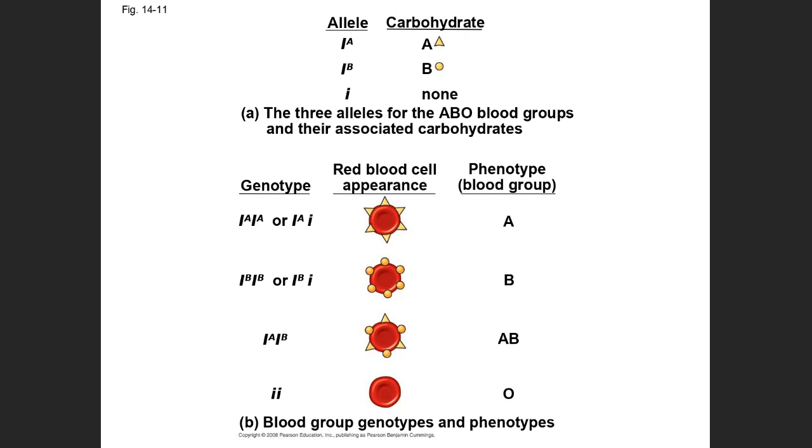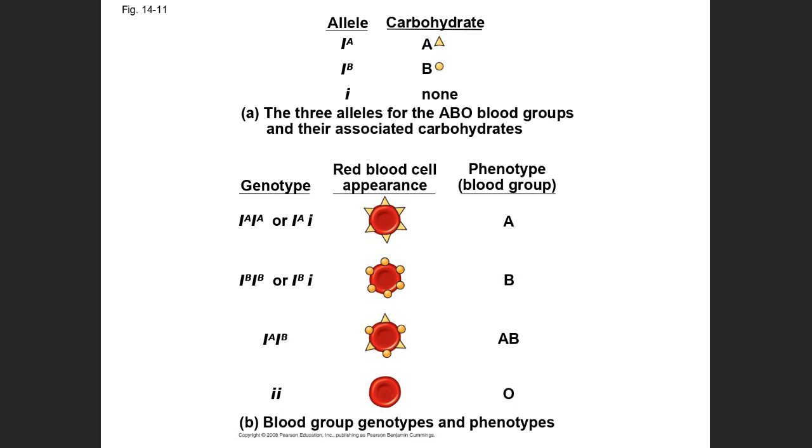So when they type blood for transfusion, they have to type for the A and B antigens, as well as the Rh antigen, which I'll talk about in a minute. Those are the most important when it comes to the immune system, because if you do not have these antigens on your red blood cells and they transfuse you with blood that has these antigens, your immune system will attack and destroy that blood and you'll die.